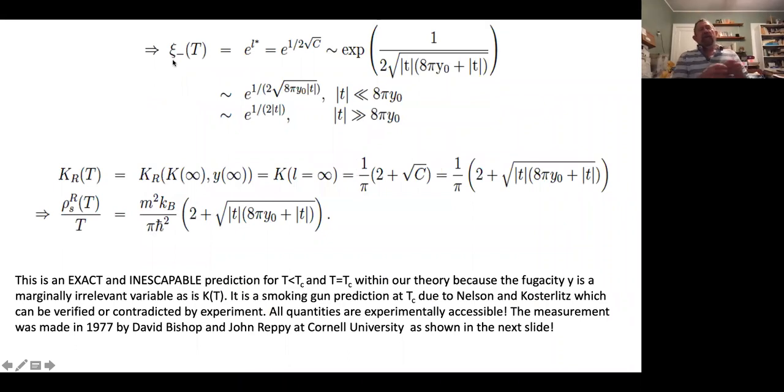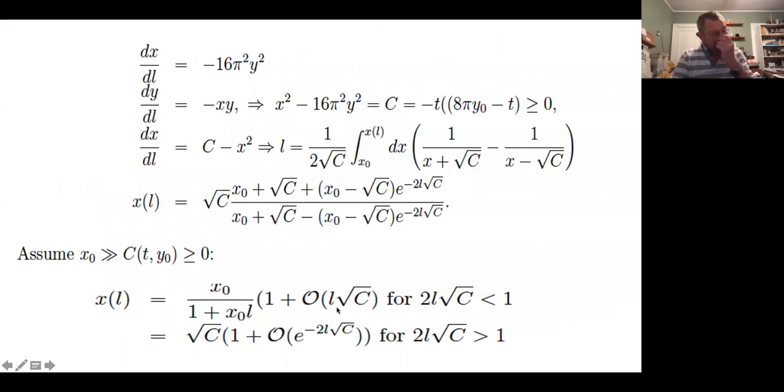Now remember on the previous slide, I said there's a sort of crossover situation when L is the value where 2L root c is equal to 1, right? Because clearly that's where both the approximations here become bad. And so there's a special value of L, where 2L root c is equal to 1, so L equal to 1/2 root c.